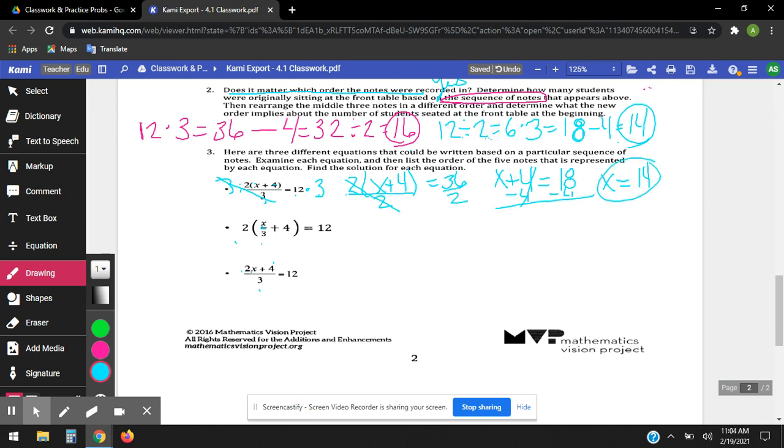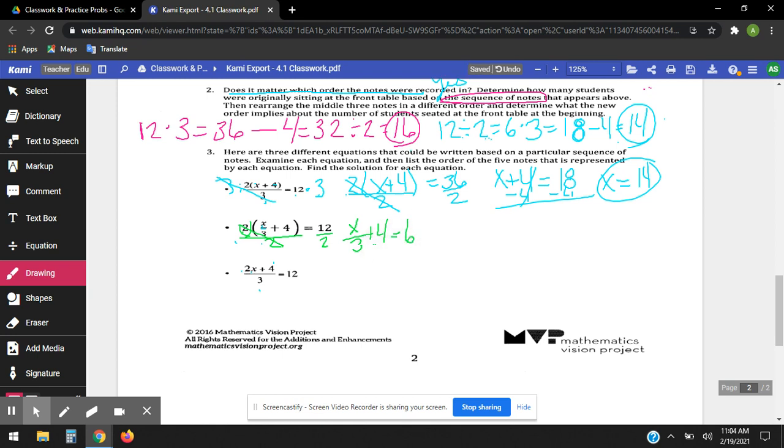So this is essentially what I did up here in the blue. I'm going to use green for this next one since it represents one we haven't done. This time I want to undo the 2 first because it's outside the parentheses. To undo a times 2, I need to divide by 2. So I have just the parentheses left: x over 3 plus 4 equals 12 divided by 2, which is 6.